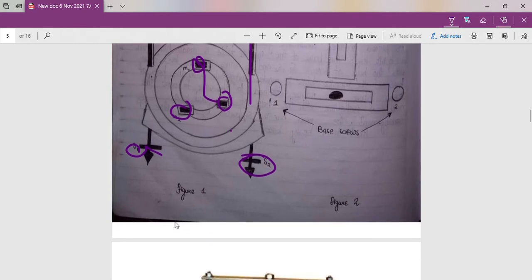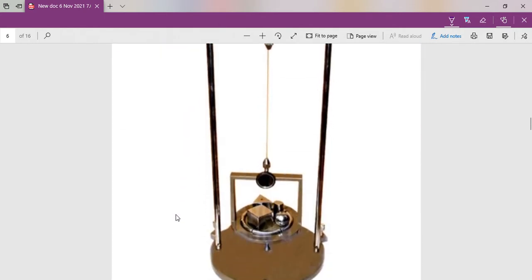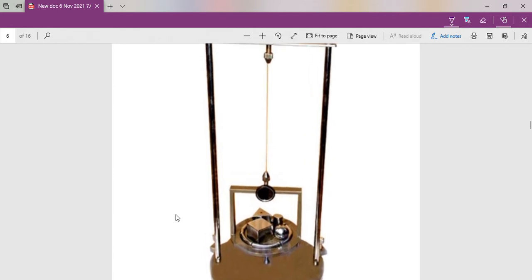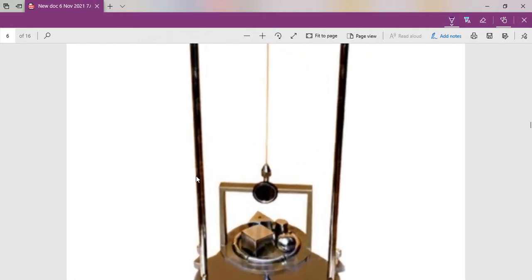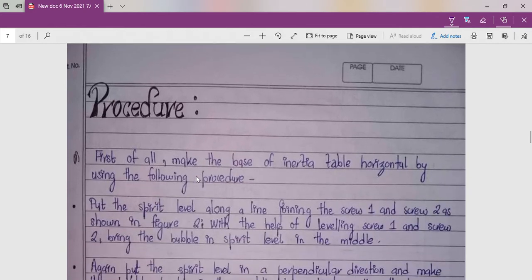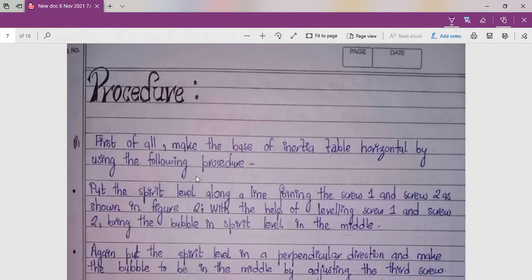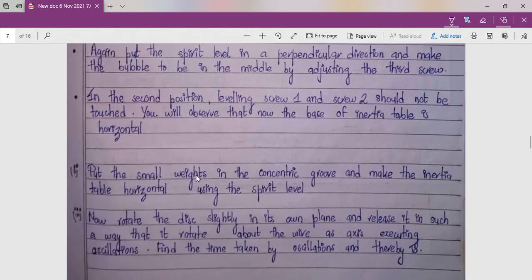Now let's have a look at the real image of the inertia table. It is called the inertia table. Procedure. Make the base of the inertia table horizontal. Put the small weight in the concentric groove and make the inertia table horizontal using the spirit level.